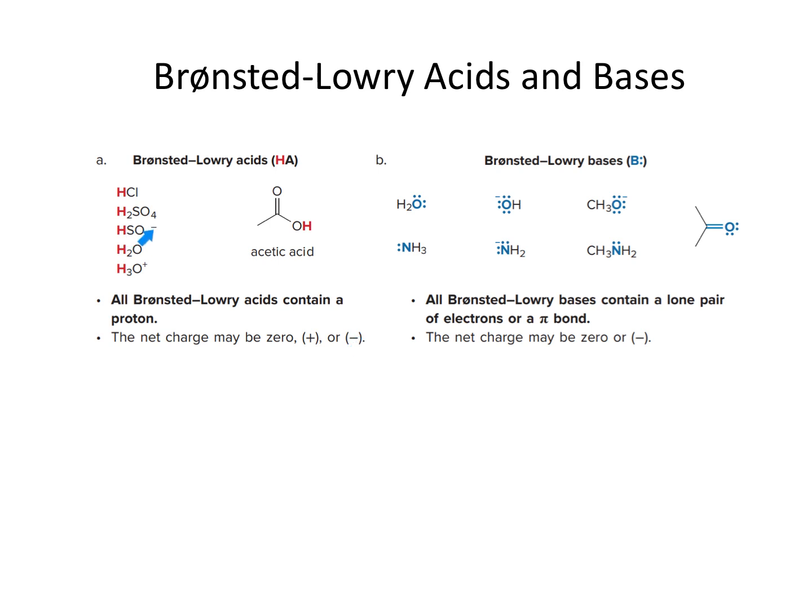So notice that there's a charge there. There's a positive charge here. So don't let the charge throw you off. Now, I want to talk about Bronsted Lowry bases for just a moment. You'll notice these are common Bronsted Lowry bases. These contain a lone pair of electrons or a pi bond, and the net charge may be 0 or negative. It's generally not ever going to be positive.